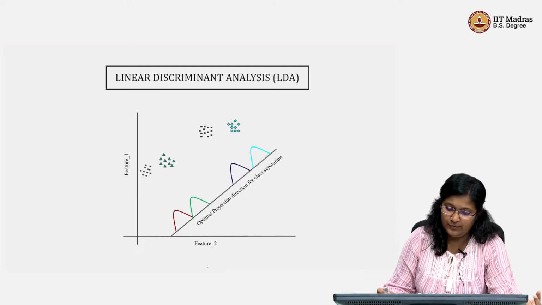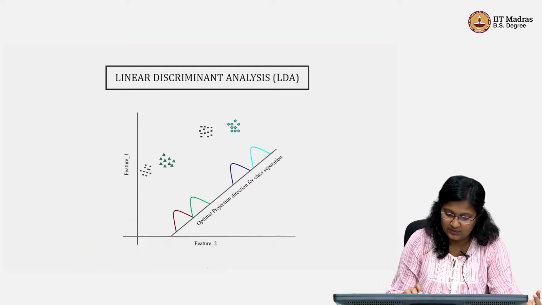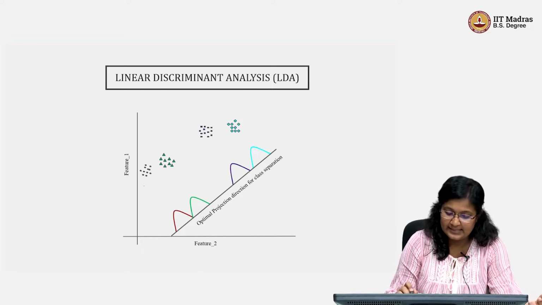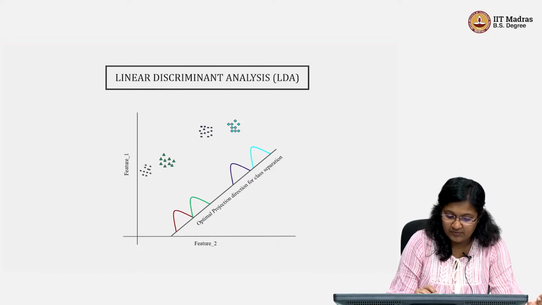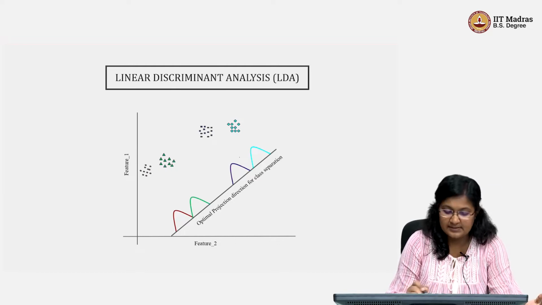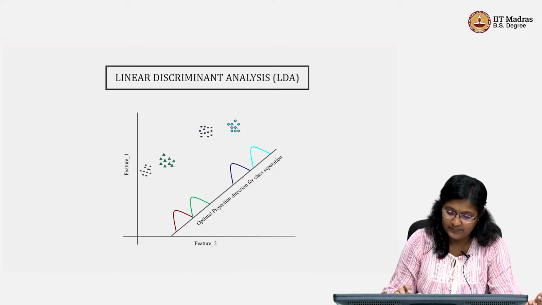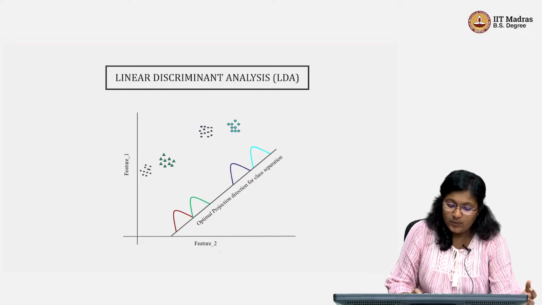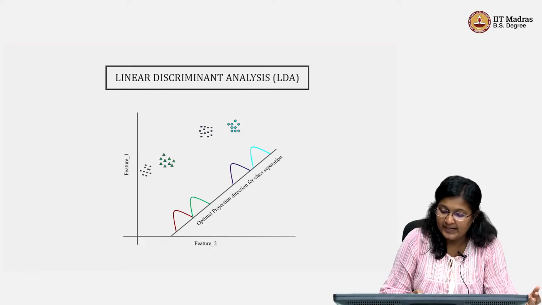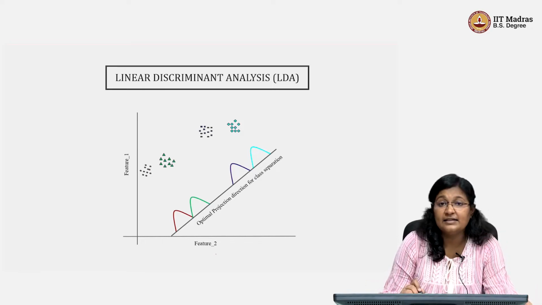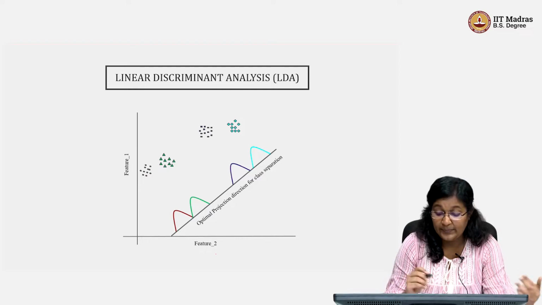So if you have features distributed like this, it is a 2-dimensional feature space, and these features belong to 4 different classes: the brown one, green, navy blue, and the light blue one. LDA tries to find an optimal projection direction such that we can separate out the classes.